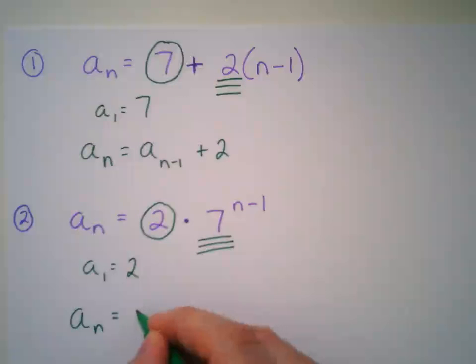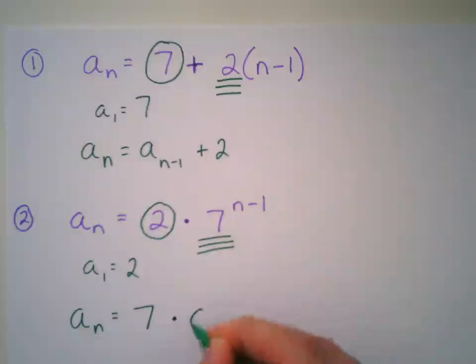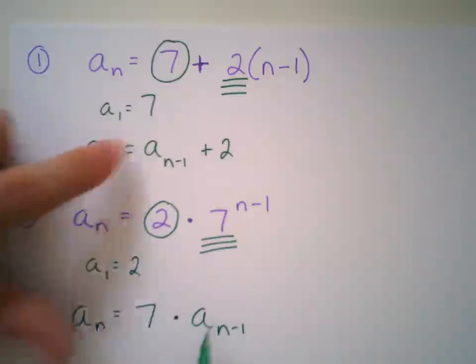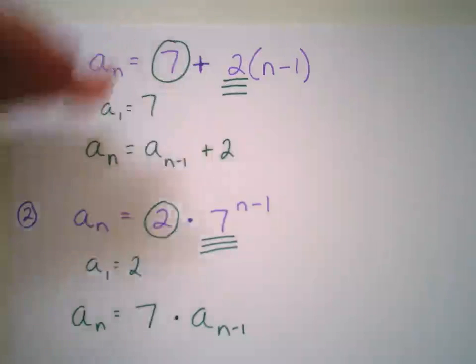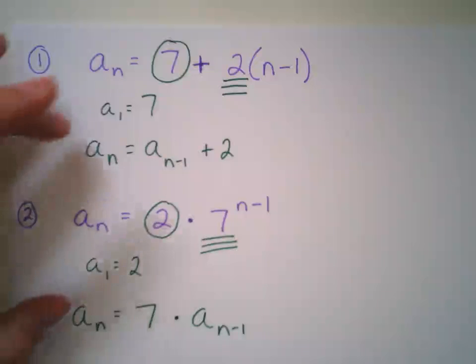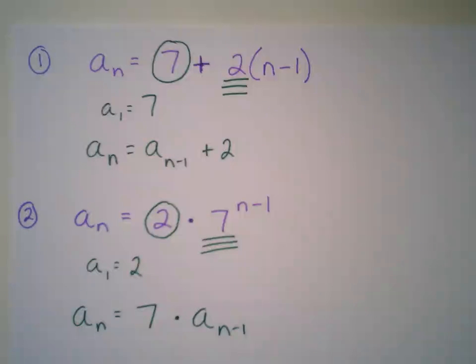And how you write that is 7 times A sub n minus 1. And the A sub n minus 1 just means your previous term. Not too concerned about that right now. Really I just want you to understand the difference between going from the explicit formula to the recursive formula, and that's what this video hopefully is going to help you with.